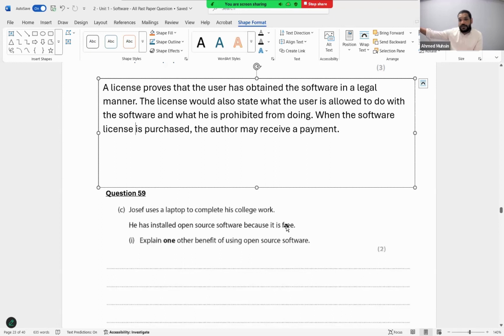Okay, access to source code. Agree with him? Source code is provided. What's the big deal with that? You can modify the software as per your requirements, isn't it? So that's a very good point.